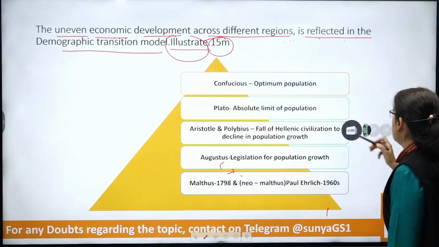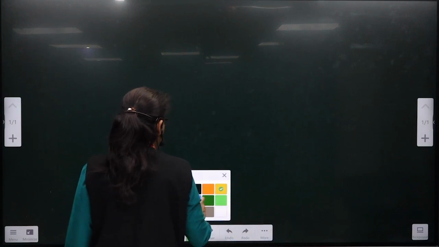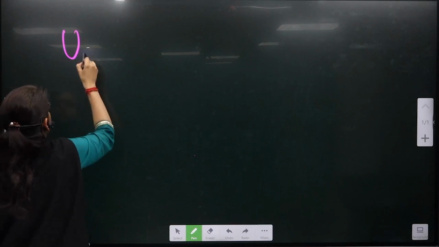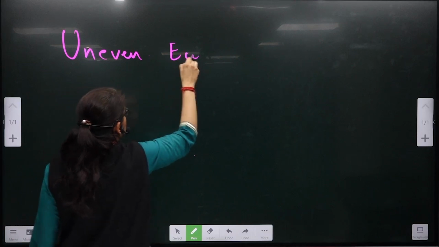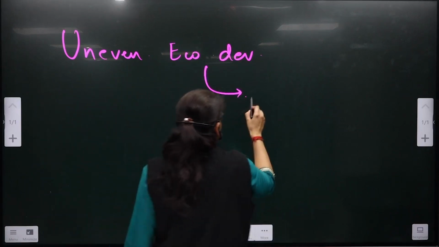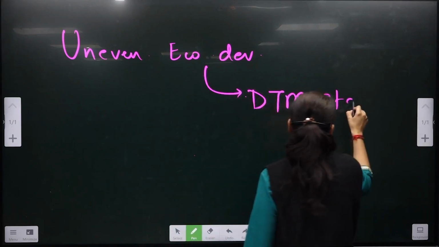Okay. So the question is asking you how uneven economic development is reflected across different DTM stages.